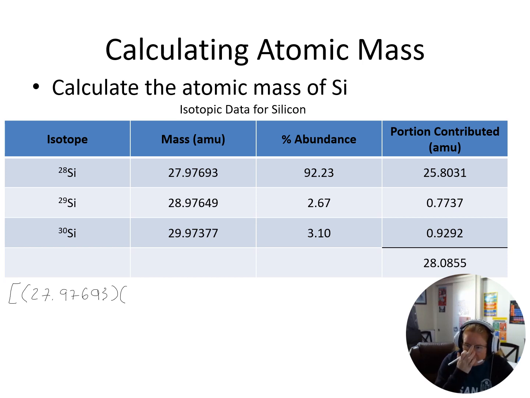I'm going to multiply that by the percent abundance in decimal form. This is the place where I see the most errors on these calculations: you have to convert the percent to decimal. So 92.23% gives me a decimal of 0.9223. So I'm just dividing it by 100.